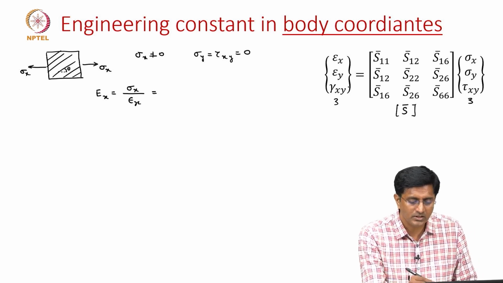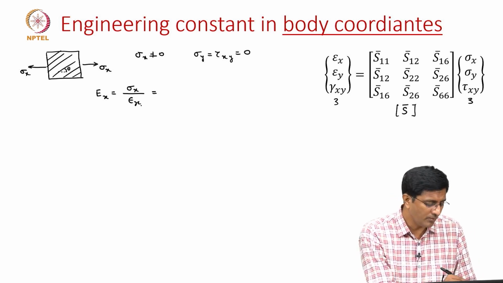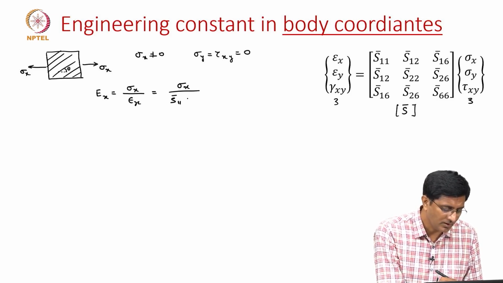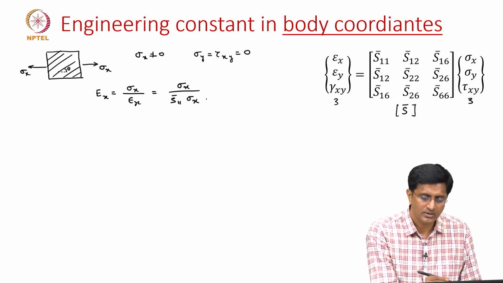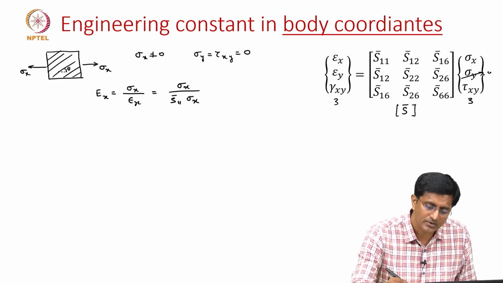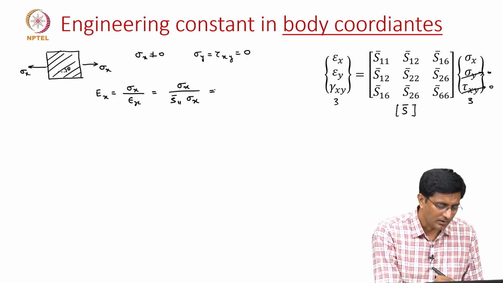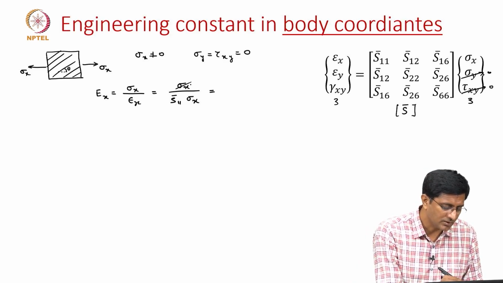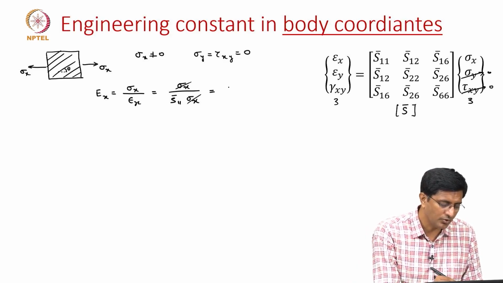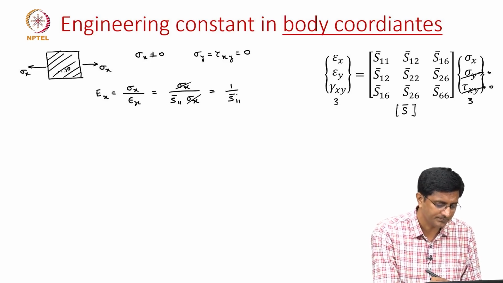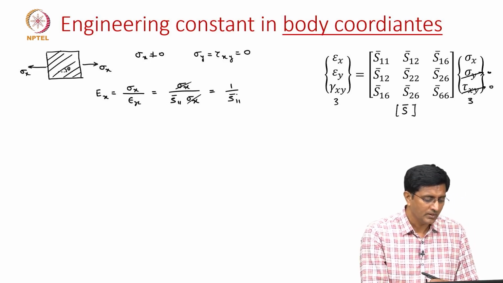From this strain stress relation, we should be able to write what is epsilon x. Epsilon x is S11 bar times sigma x, since sigma y is 0 and tau xy also goes to 0. Once I cancel out this sigma x which is there both in numerator and denominator, what we are left with is 1 by S11 bar.